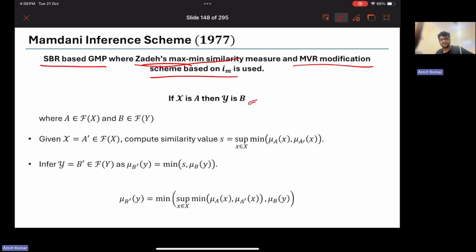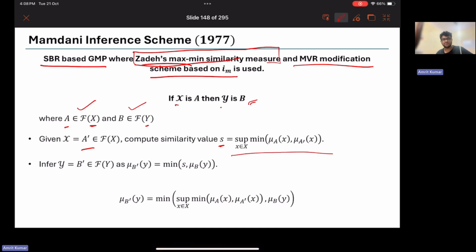Suppose I have this fuzzy if then rule. If X is A, then Y is B, where you have universe X and universe Y. And this is where the variable X and variable Y take values in. A is a fuzzy set over X and B is a fuzzy set over Y. And suppose we are given an input fuzzy set A dash. So we first compute the similarity value. We compute how similar or how well A dash matches A. And for that, we use Zadeh's maximum similarity measure.